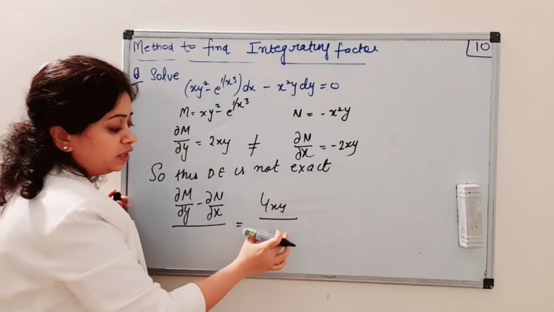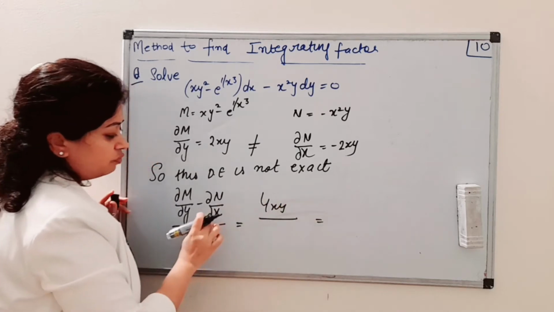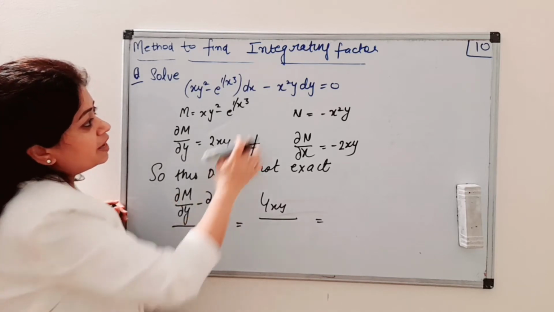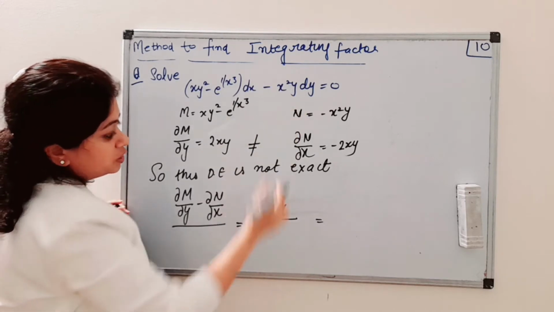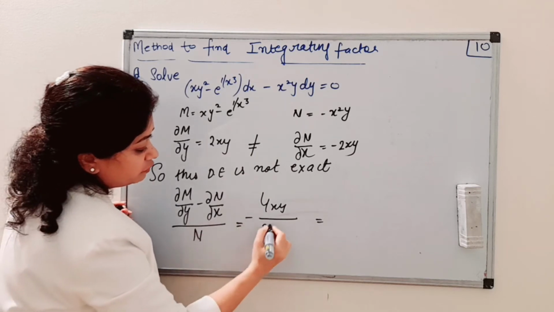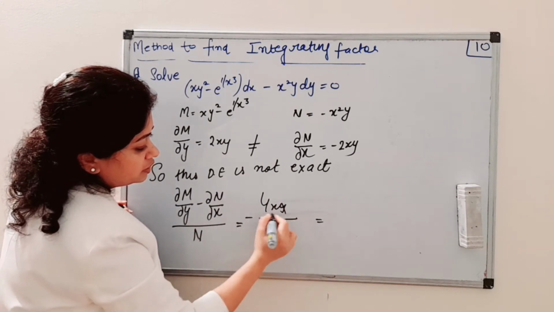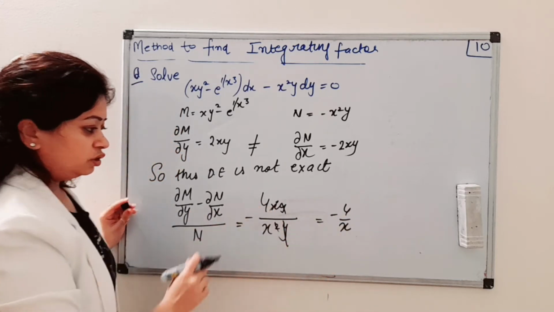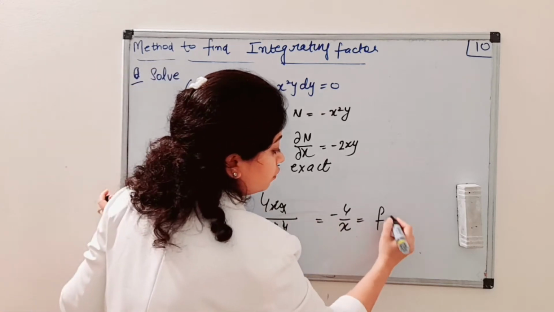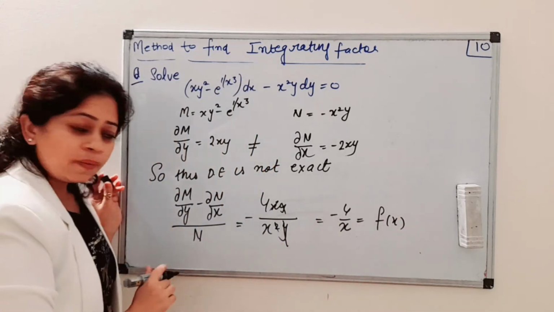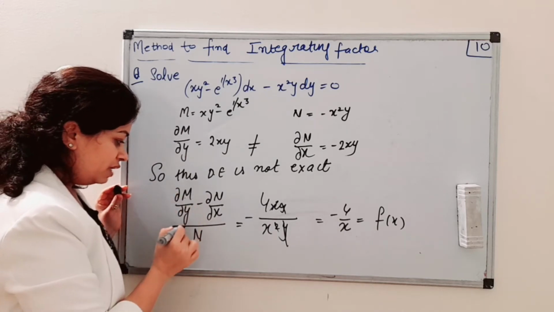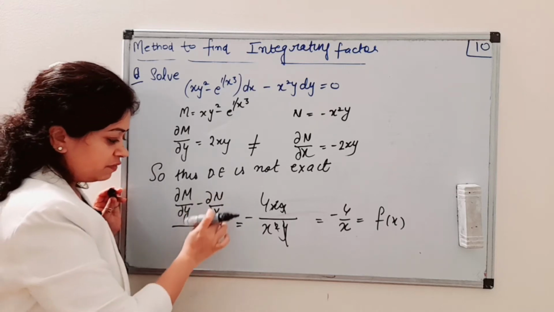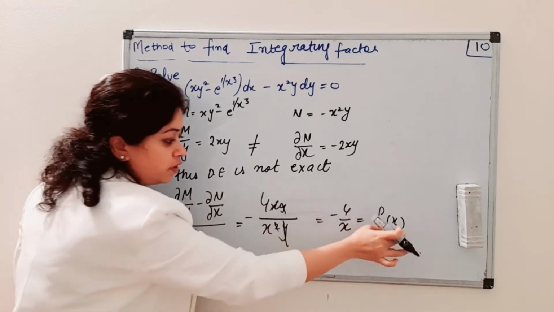Upon, what do we take here to get a function of x only or a function of y only? N is −x²y. If I take N here, then it will be 4xy upon −x²y, which is −4/x, a function of x only. So this was the rule: if we find (∂M/∂y − ∂N/∂x) upon N, and N is differentiated with respect to x, we need a function of x.